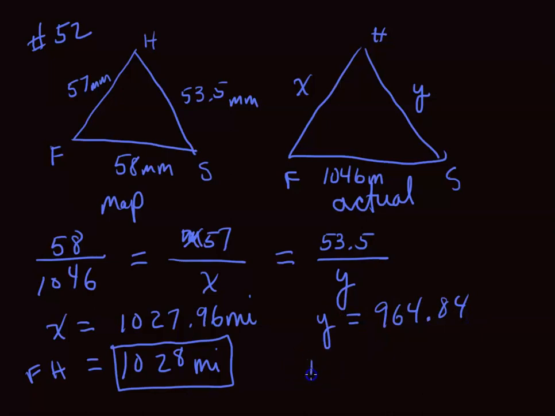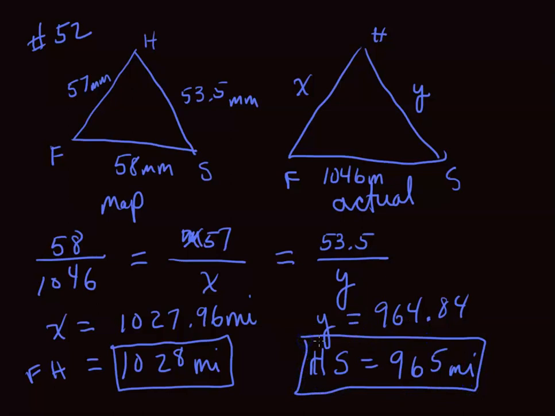This is the Hamilton to San Juan, and it'll be 965 miles. Boy, see, you can get steps. You can make your stuff look really nice. That's chapter review, section 3. Now you can do your problems.